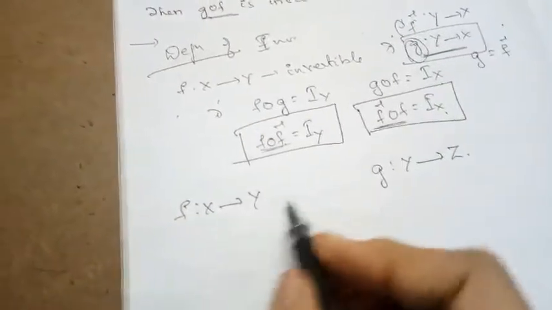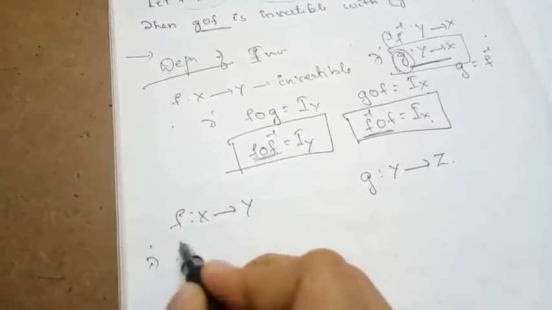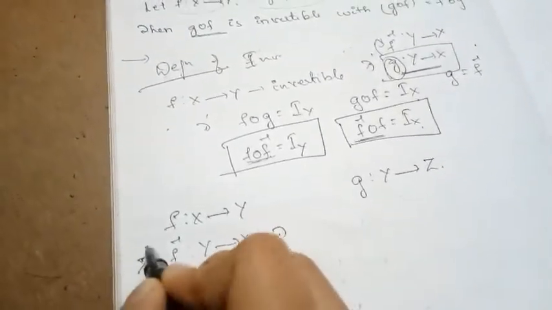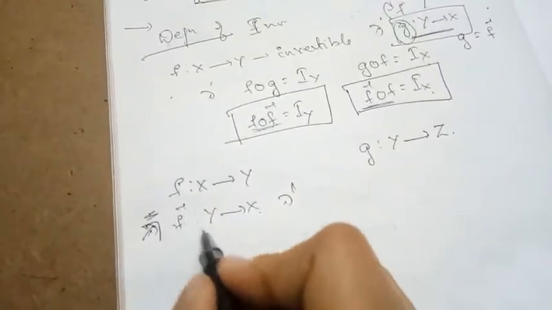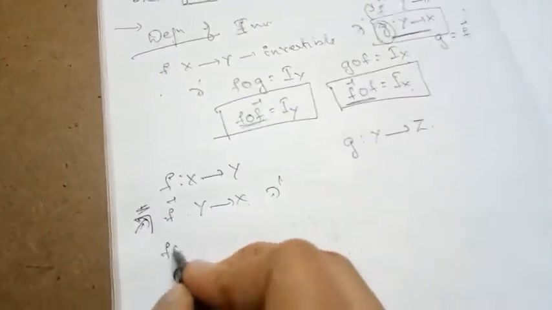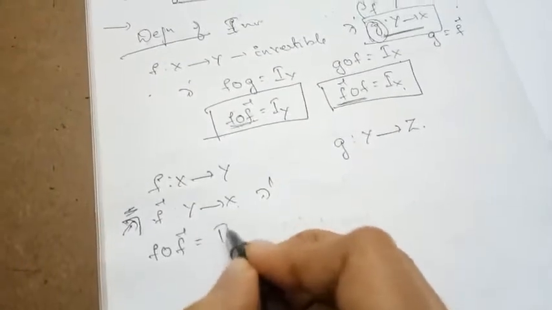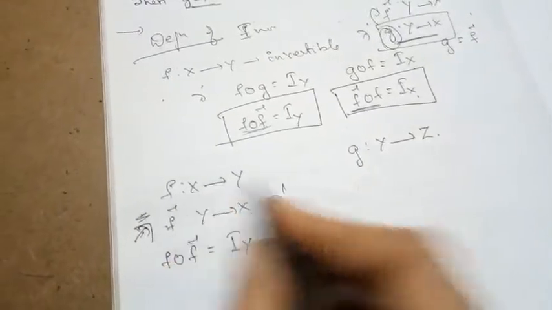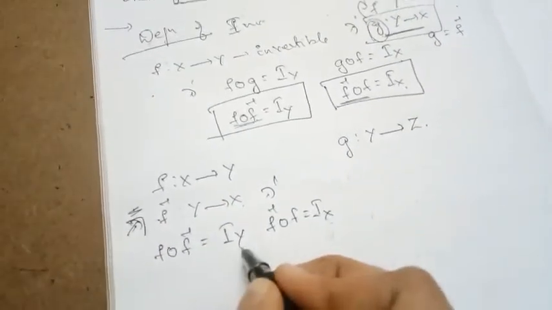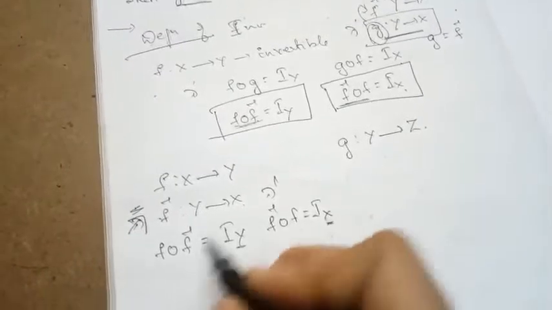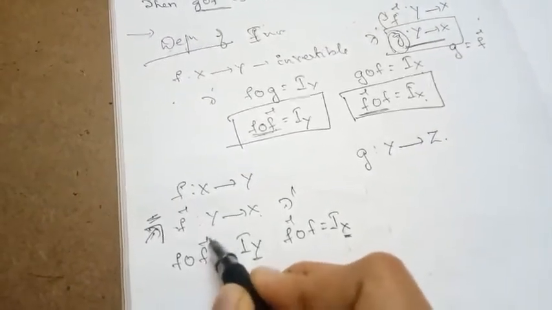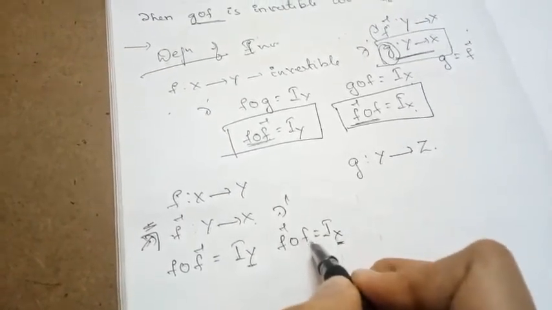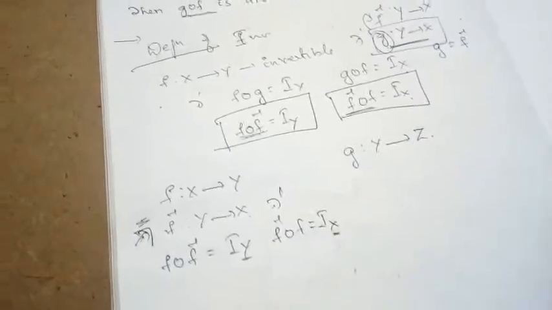So f from X to Y invertible means there exists a function f inverse from Y to X such that f of f inverse is equal to I_Y and f inverse of f is equal to I_X. An easy way of remembering: the domain of f inverse is Y, so it is I_Y. For f inverse of f, the domain of f is X, so I_X.